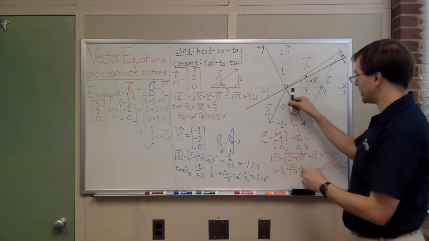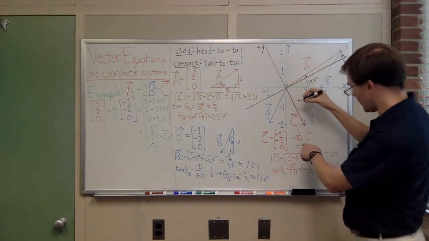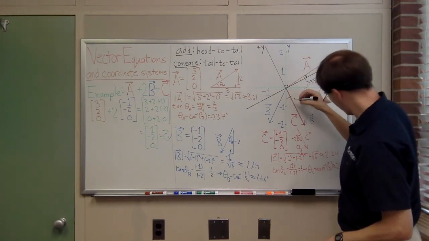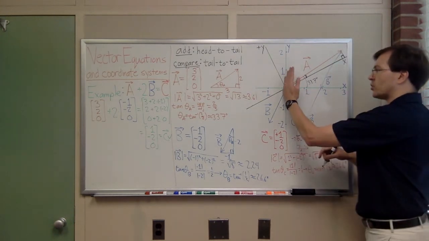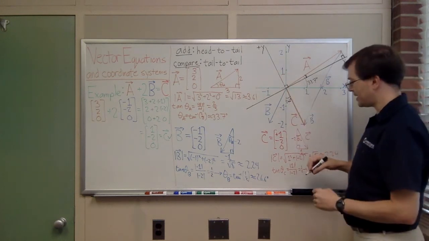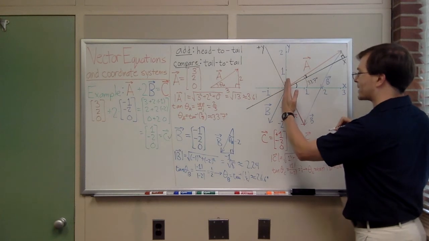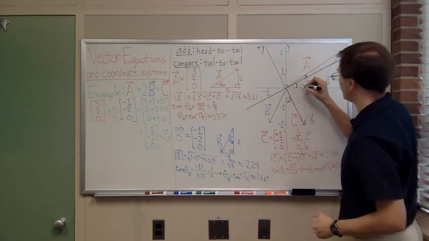And I drew in here my theta c, this angle, which was my 26.6 degrees. I tilted the whole thing by 26.6 degrees. That means that if I tilted the y-axis over by 26.6, I must have tilted the x-axis up by 26.6.